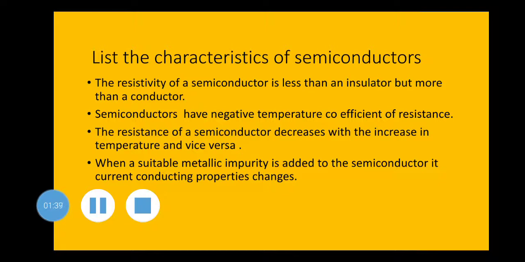The resistance of a semiconductor decreases with the increase in temperature and vice versa. When a suitable metallic impurity is added to the semiconductor, its current conducting properties change. That is the characteristics of semiconductor. It is most important for your exam purpose.